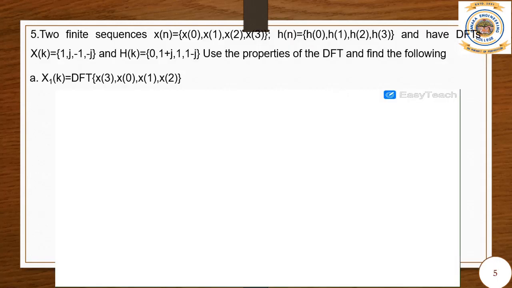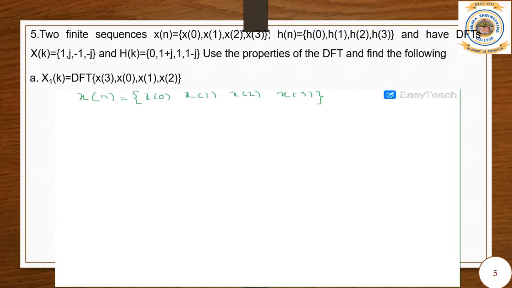Let us try to solve the fifth problem. Given x of n is a sequence of x of 0, x of 1, x of 2, x of 3.